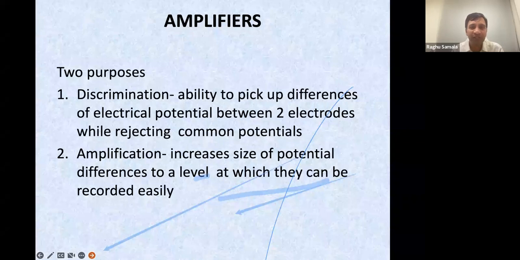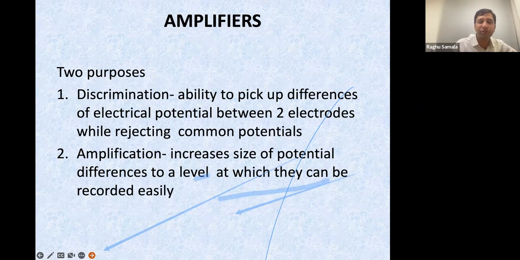So it is the ability to pick up the difference of the electrical potential between 2 electrodes while rejecting the common potential. Our amplifiers have common mode rejection, where they reject the common potential between the 2. Amplifiers also increase the size of the potential difference to a level at which it can be recorded easily.